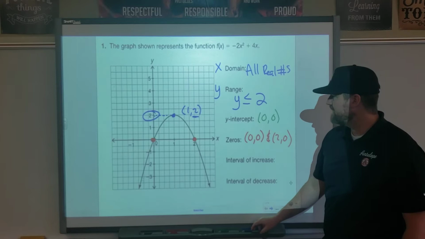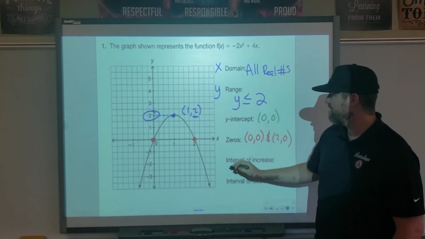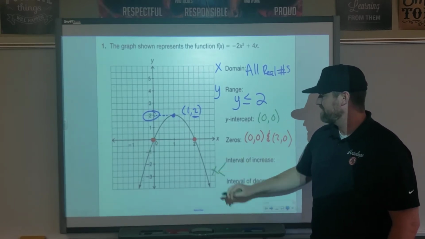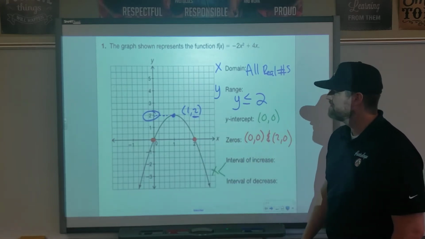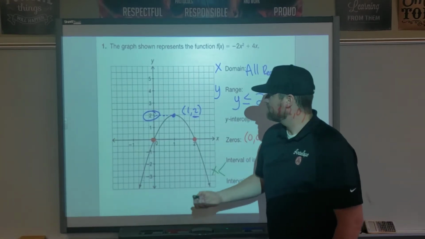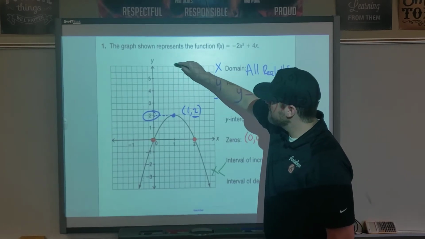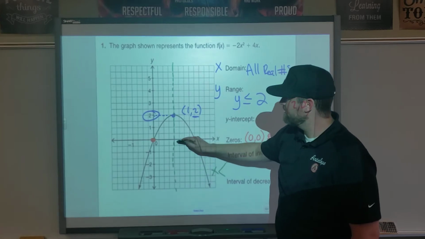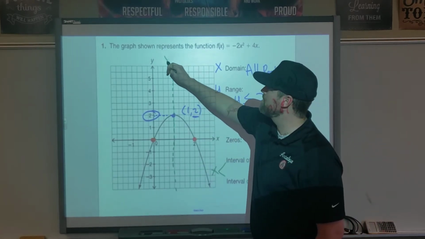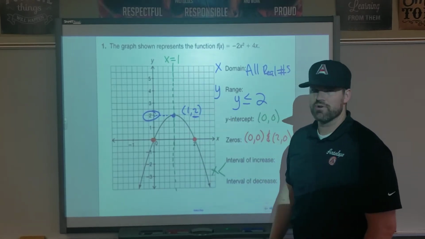When we're looking at the intervals, we are looking at our x values. We're not looking up and down at all. We're only looking side to side. So one way I like to think about it is draw my axis of symmetry, which goes through an x value of 1. I just covered it up, but I promise it says 1. So x equals 1.